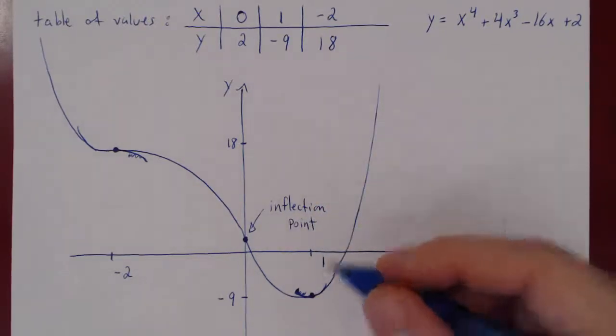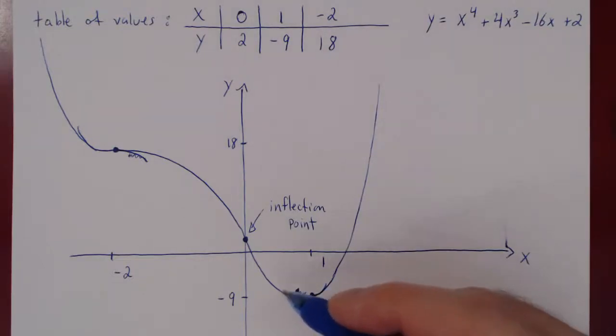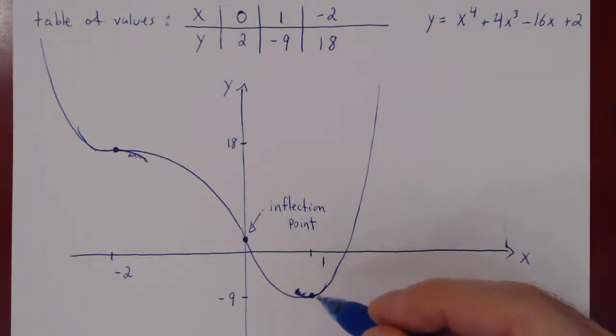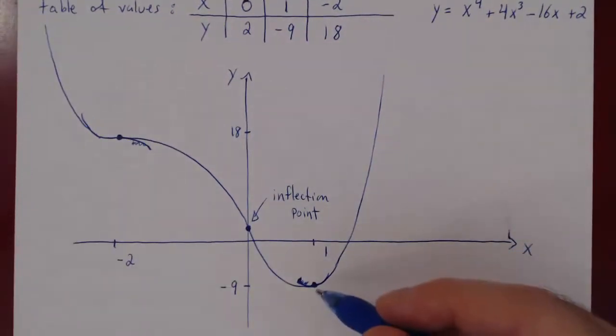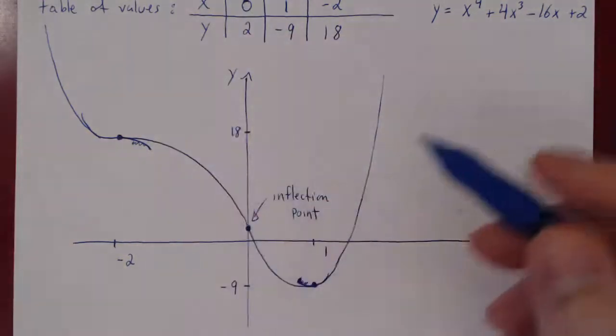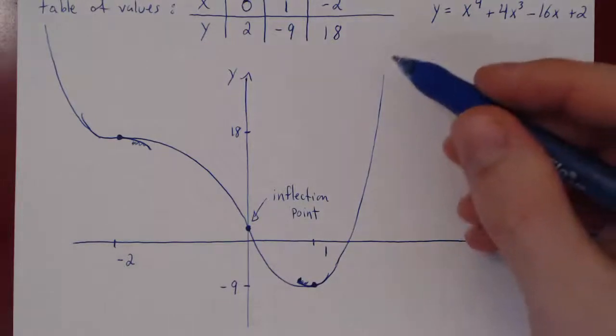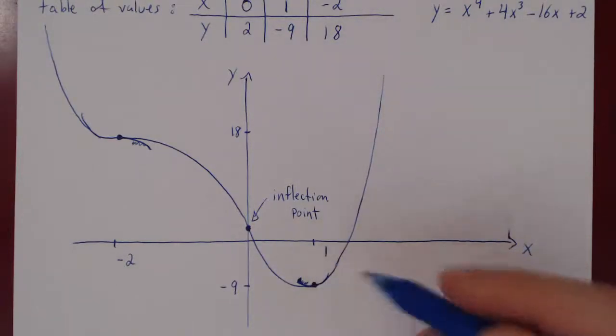X equals 1 was a critical point, a point where the derivative was 0, and as we can see clearly we have a local minimum. But something is interesting here. Not only is this a local minimum, it actually is a global minimum. Look at the picture. Nowhere will the function attain a smaller value than at x equals 1.